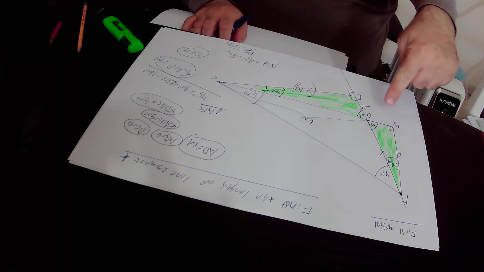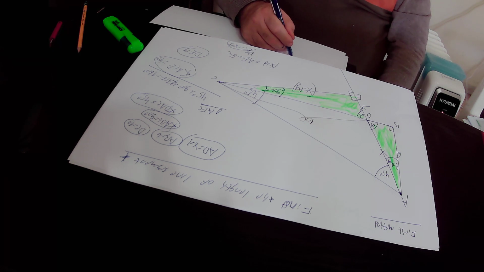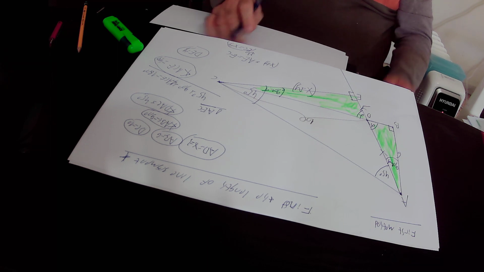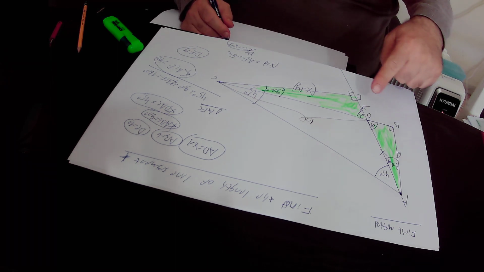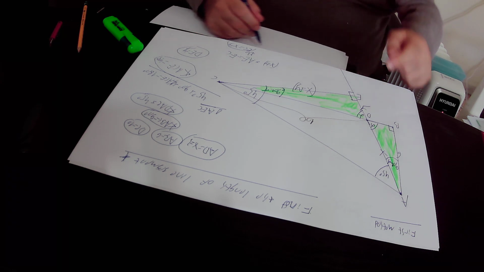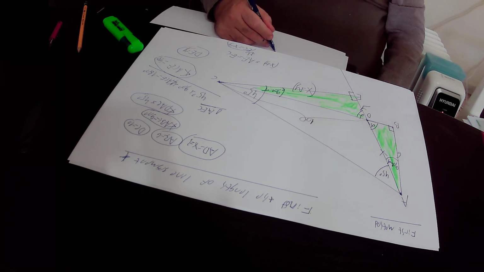So angle BDA is equal to angle EDC, and both angles are equal to alpha.